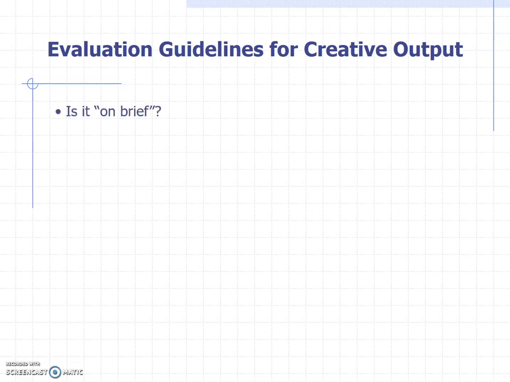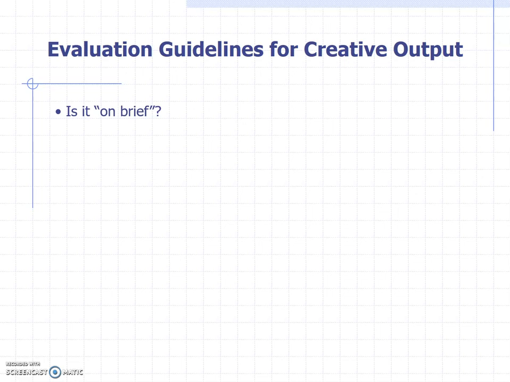So the first question that you should ask, and the most important question there is: is it on brief? Saying, is it on brief, just means does the creative output satisfy the elements that you've written in the brief, the strategy, the target audience, and most importantly, the objectives.